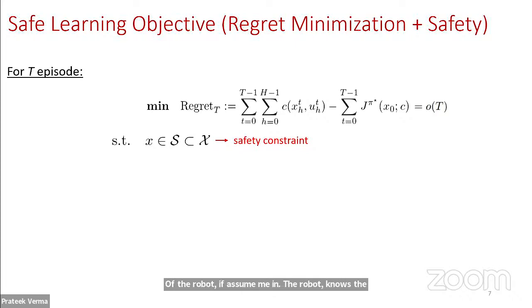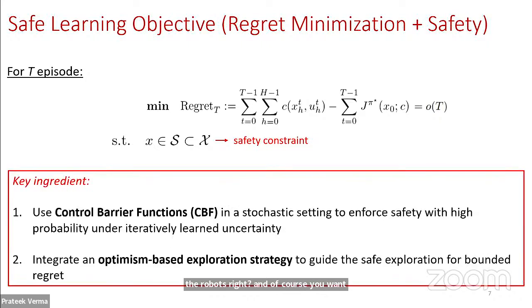So desirably, you want the robots to achieve some bounded regret so that if T episodes goes to infinity, the robot could approximate the optimal control performance as if you knew the dynamics of the robot. Right? And of course, you want the robots to be subject to safety constraints at all times.